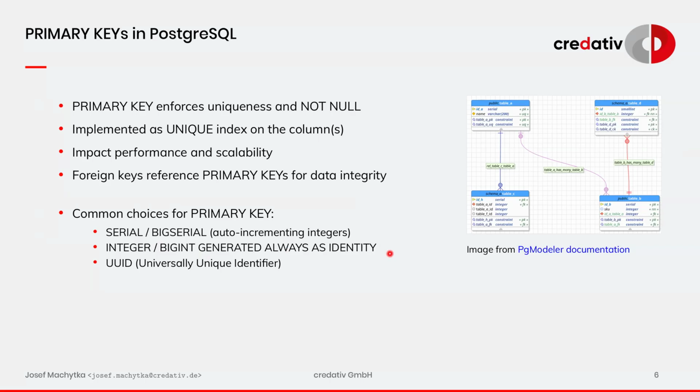The difference is that with serial and bigserial, the sequence is explicitly mentioned in the default value, and there have been issues with granting permissions to tables.